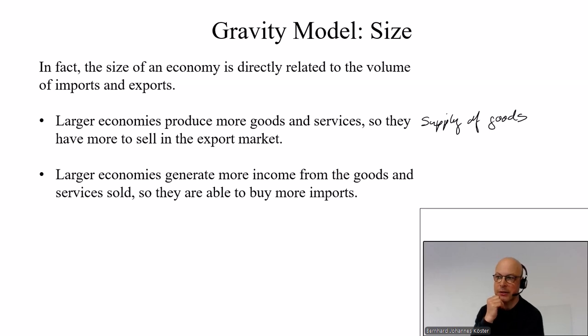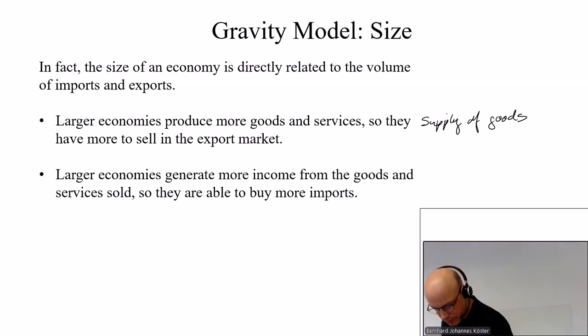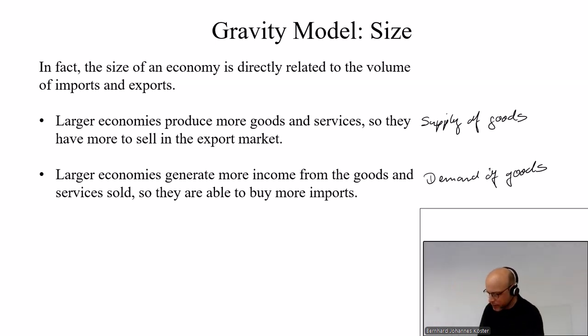And the larger our income, this is the argument for microeconomics, normal goods, the larger my income, the larger is my demand. So I'm not surprised that if I have a higher income, I'm importing more goods. So this would be the demand of goods. So I think no surprise here. These are the general economic arguments which we find.